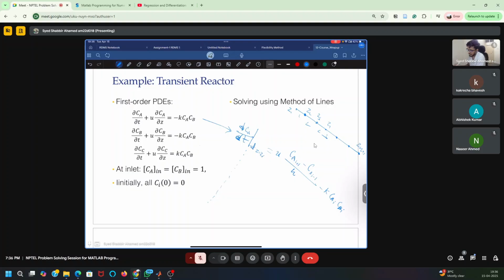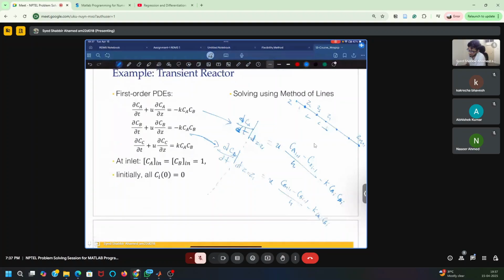In this problem, in addition to CA, we also have CB. That's the difference which we are getting. So same for CB, you will write the same thing with CB(i+1) and CB(i-1), times CA_i and CB_i.